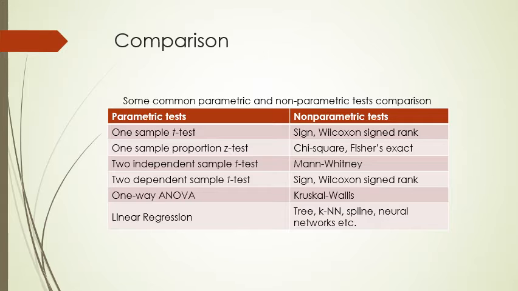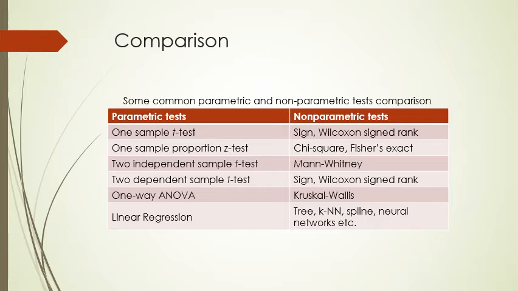Chi-square test and Fisher's exact test may examine if the outcome proportions are the same as our expectations. Mann-Whitney U test may be used to test if the two independent groups are equal. The Kruskal-Wallis H test is the non-parametric version of one-way ANOVA.